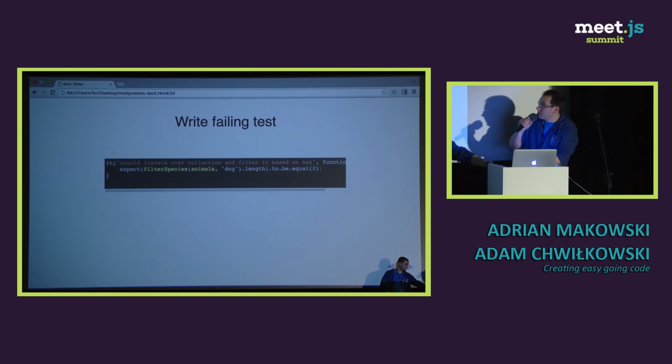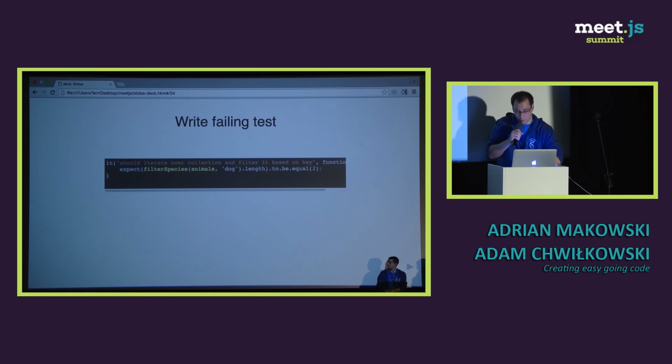So we create this really simple unit test. We expect that the filter species function takes 2 arguments, animals and dog, which is our search key, and returns an array of objects, a collection, of length 2. And that's it. That's all you need.